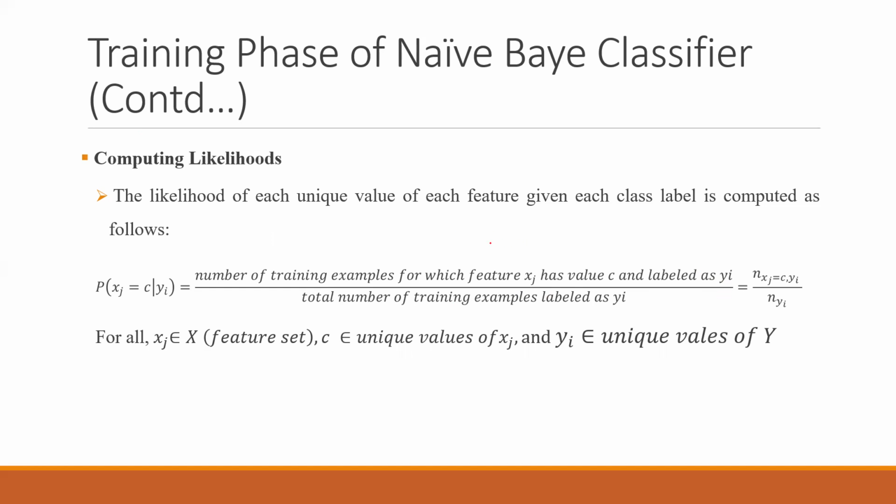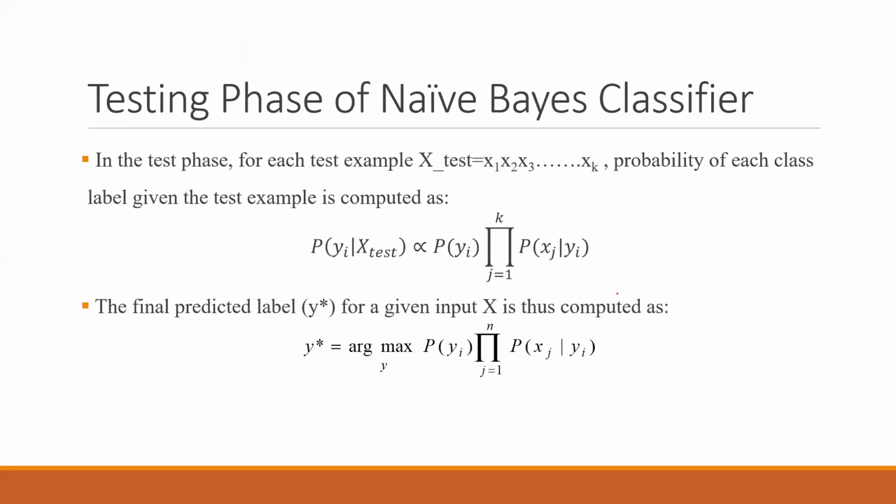So you can say that in the numerator is n of xj where xj is equal to c, and it should be labeled as yi. It should be divided by the total number of training examples labeled as yi. We will be looking into what this means in 1 or 2 slides.